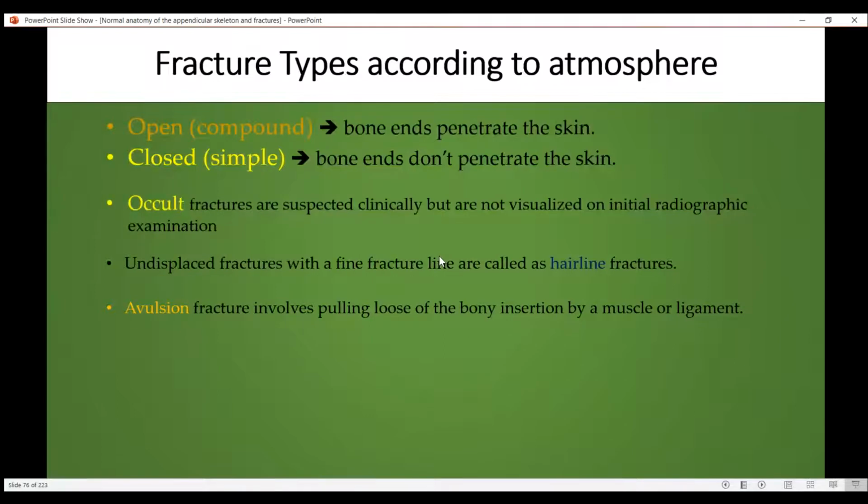Then there are other types of fractures, called occult fractures. It doesn't necessarily mean the bone has to come out.